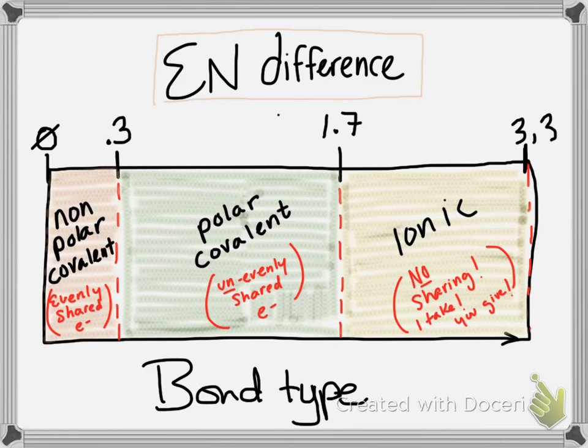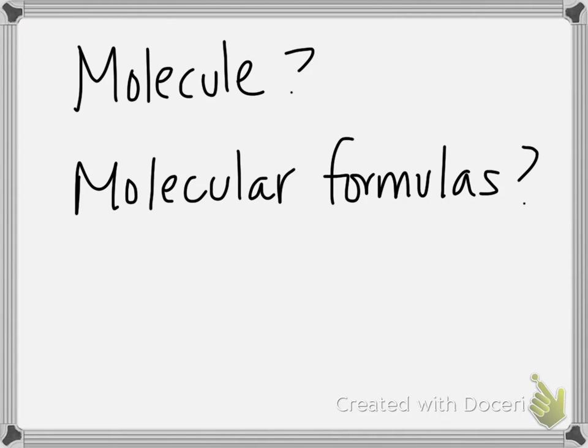Okay, do you remember QT? Well, do you remember what a molecule is? So a group of atoms, and it's specifically a group of atoms that's held together with covalent bonds. So group of atoms covalently bound.